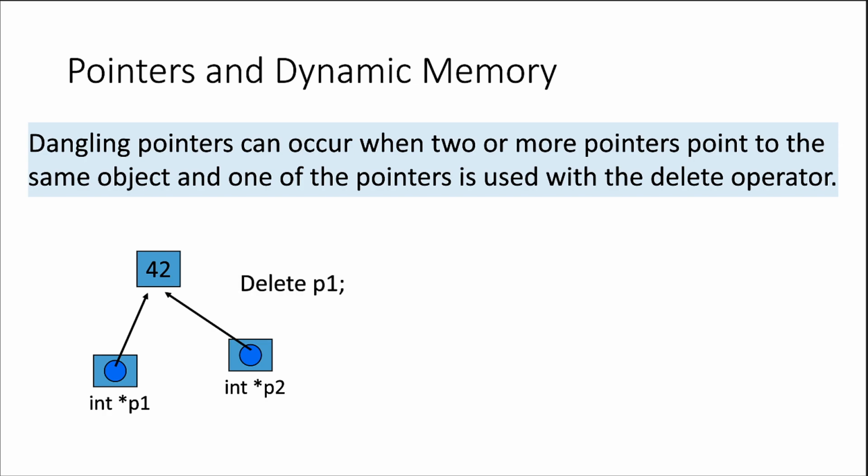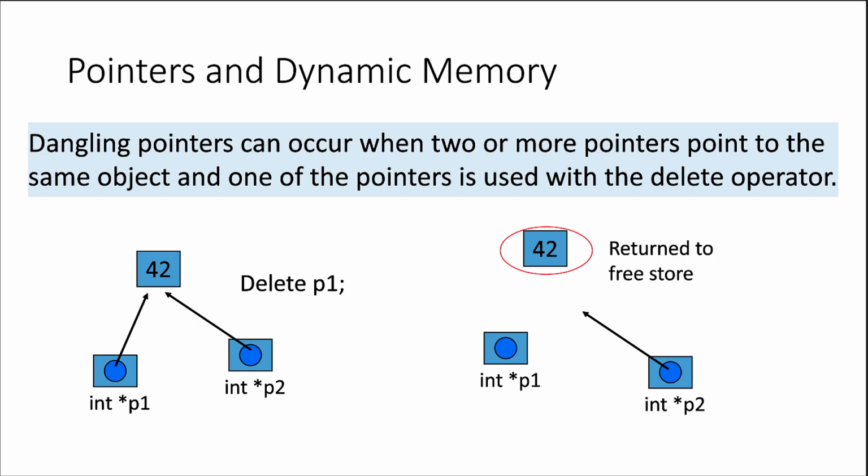Then what happens after some time? You say delete P1. The link from P1 to 42 is removed, and the location where you were storing 42 is freed, returned to the free store. This memory is freed.